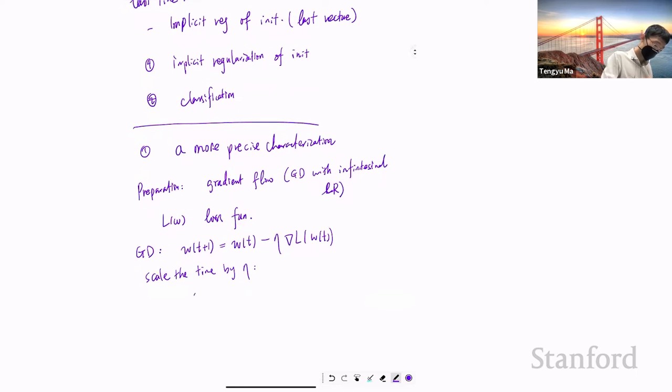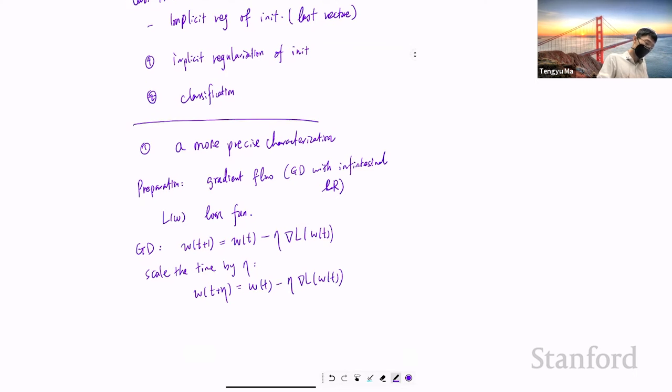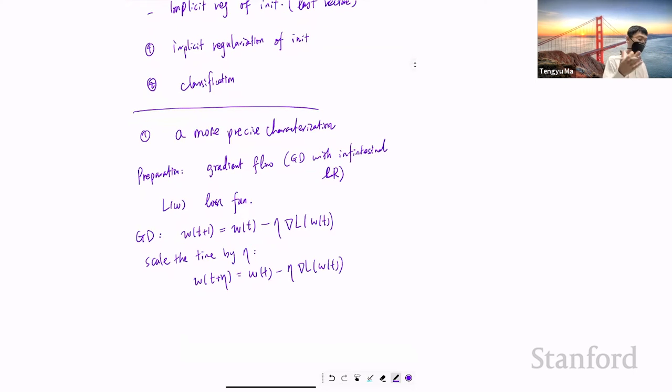So I get w(t+eta) equal to w(t) minus eta nabla L(w(t)). These two processes are effectively the same, it's just that the unit of time changed by a factor of eta or 1 over eta. Now if you scale the time, then you can take eta to go to 0.